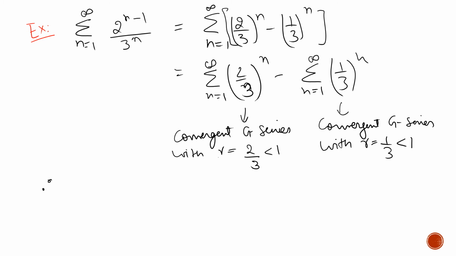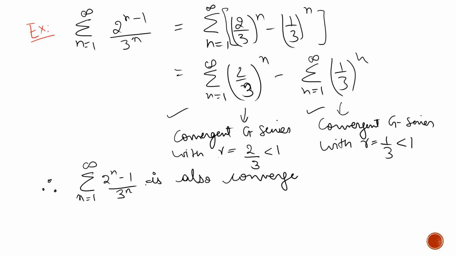Therefore, using the theorem for combining series, the entire series will be convergent because these two are convergent. So if I subtract the convergent series, I'll also get a convergent series. So this is also convergent. And what will be the sum?